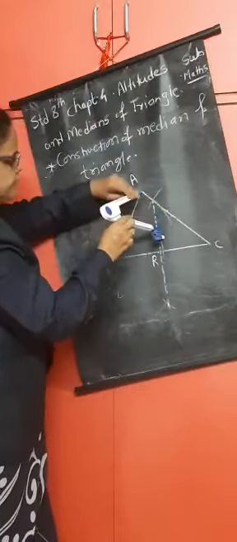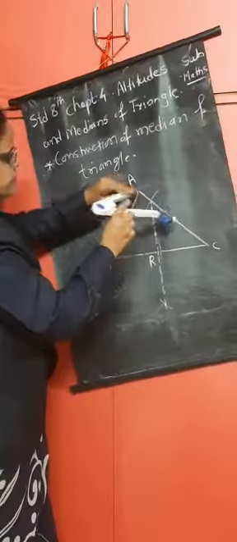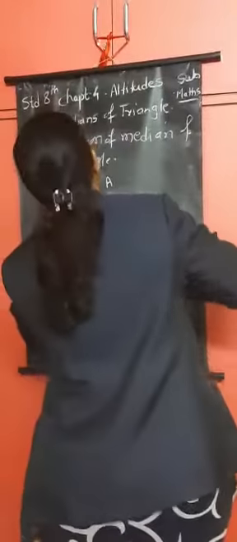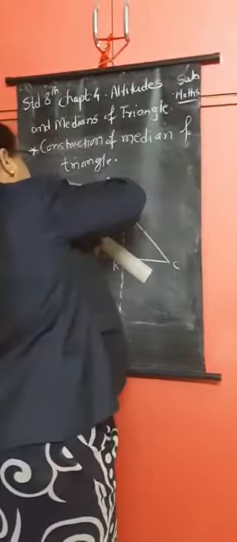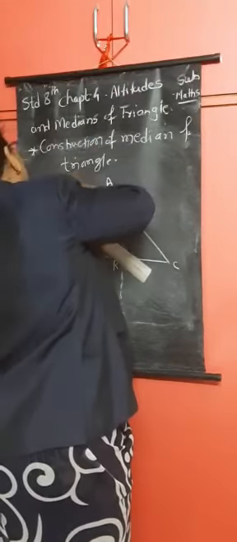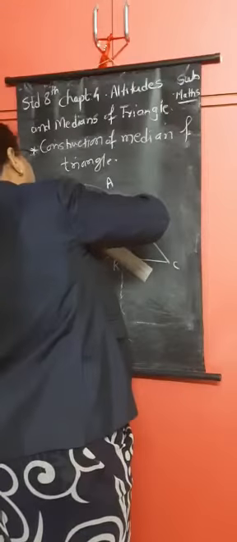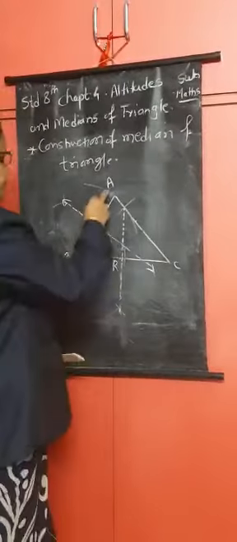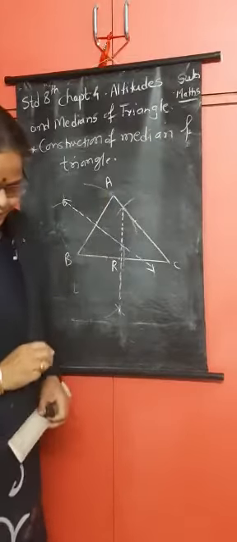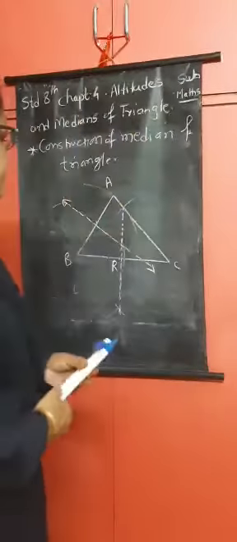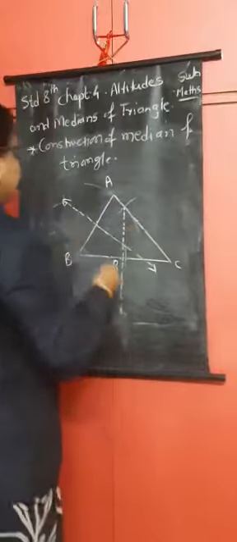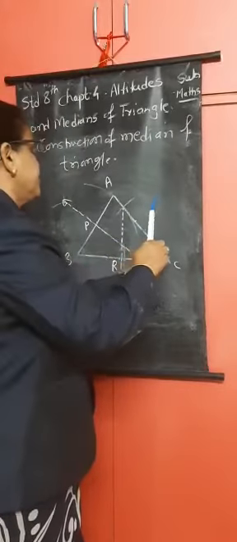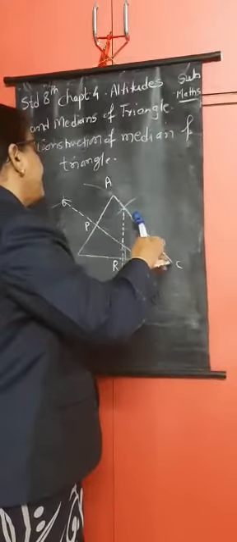In this way, we find the midpoint of AB. Name this point P. And next we find the midpoint of AC.